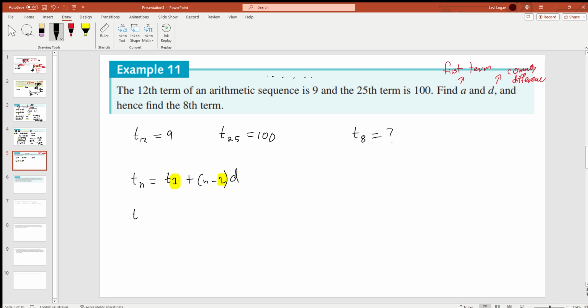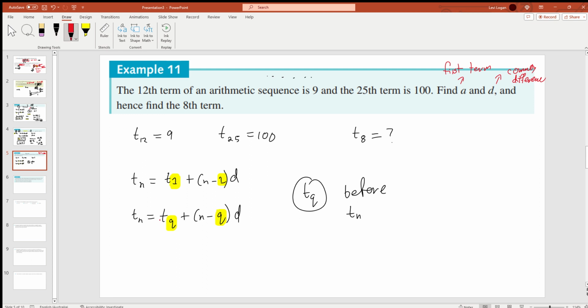So in other words, we can use this rule: t of n equals t of q plus n minus q of d. All I've done is replace the 1 with q. But t of q must be a term before t of n. Just keep that in mind.